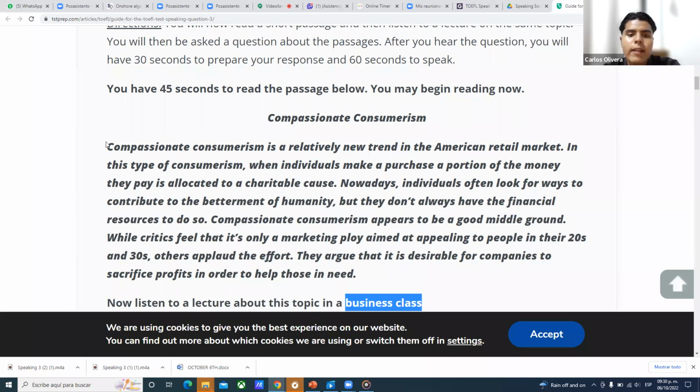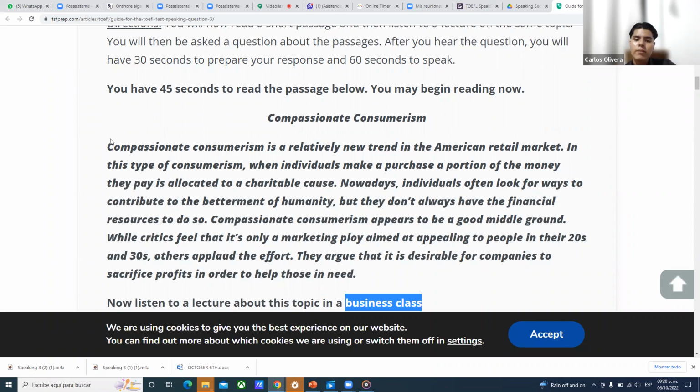Compassionate consumerism is a relatively new trend in the American retail market. In this type of consumerism, when individuals make a purchase, a portion of the money they pay is allocated to a charitable cause. Nowadays, individuals often look for ways to contribute to the betterment of humanity, but they don't always have the financial resources to do so.